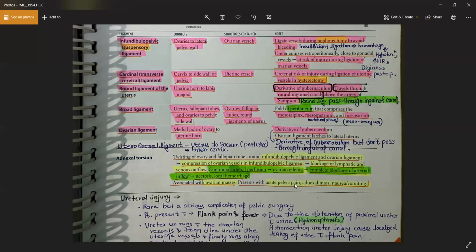Yeah, the right side torsion is more common than the left side. Because on the left side you have the rectosigmoid colon, right? If I draw this for you, this is the right side and this is the left side.